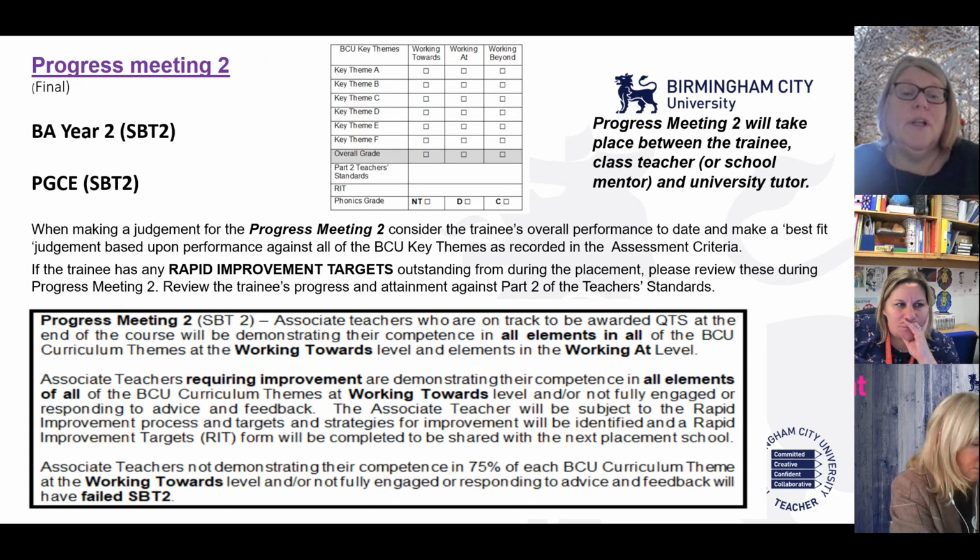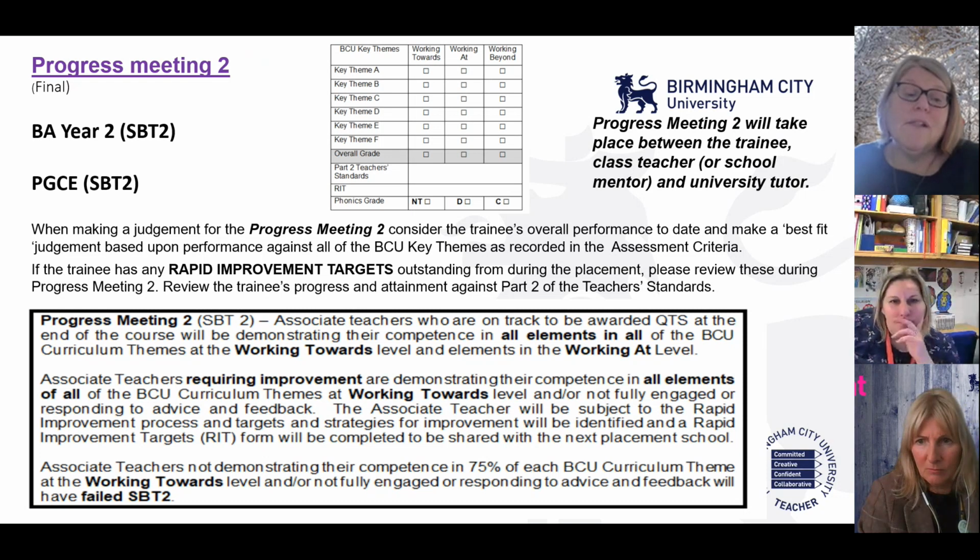But at this point, they should have now demonstrated their competence in all elements in all of those themes at the working towards level. And of course, elements in the working at level. If they haven't by then, it will be a failed school-based training 2.